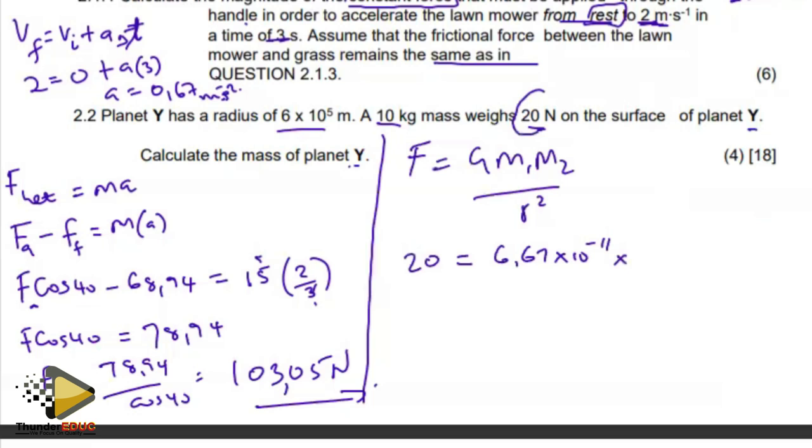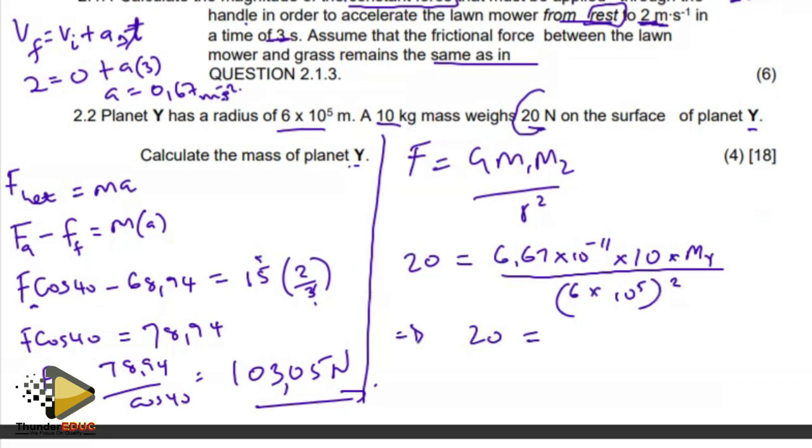I'm multiplying it by the 10, multiplying it by the mass of Y, and then they told us the radius is 6 times 10 to the 5. Everything must be squared. So I can simplify the right-hand side, 6.67 times 10 to the negative 11.